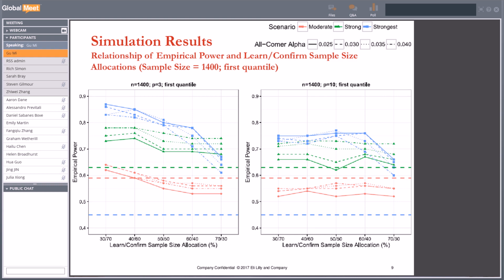However, such even splits often will give us the lowest power if the predictive effect is not that strong, as we show here in green and in red.